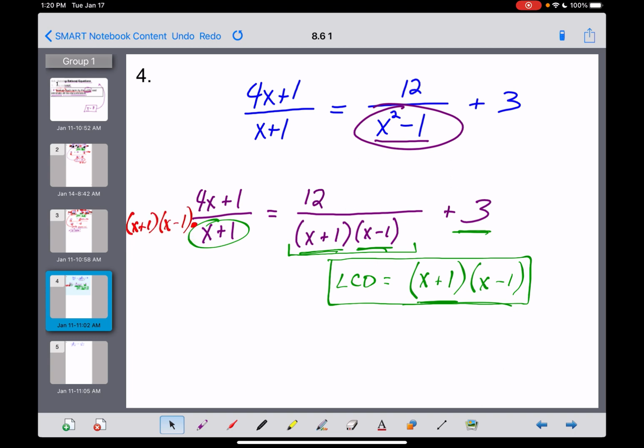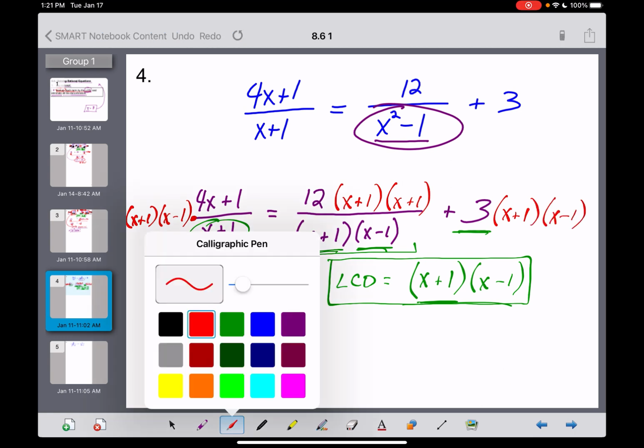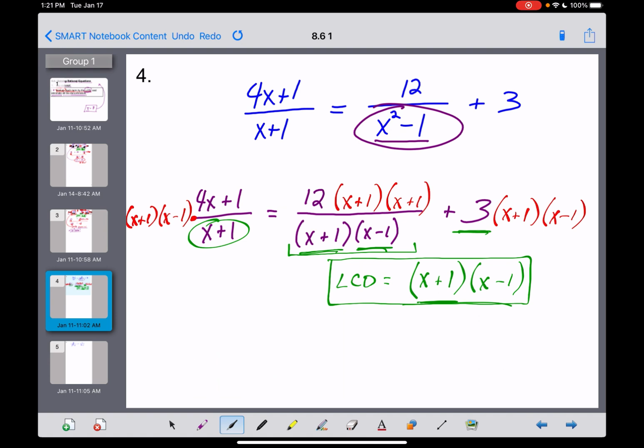That's the one spot you can't put it. So I kind of like it right in the middle there. On the second term, I'm going to go ahead and put it in the numerator, which is the other thing that I said was okay. x plus 1, x minus 1. And then here it just needs to get multiplied on the same level as the 3, x plus 1, x minus 1. So what happens now?